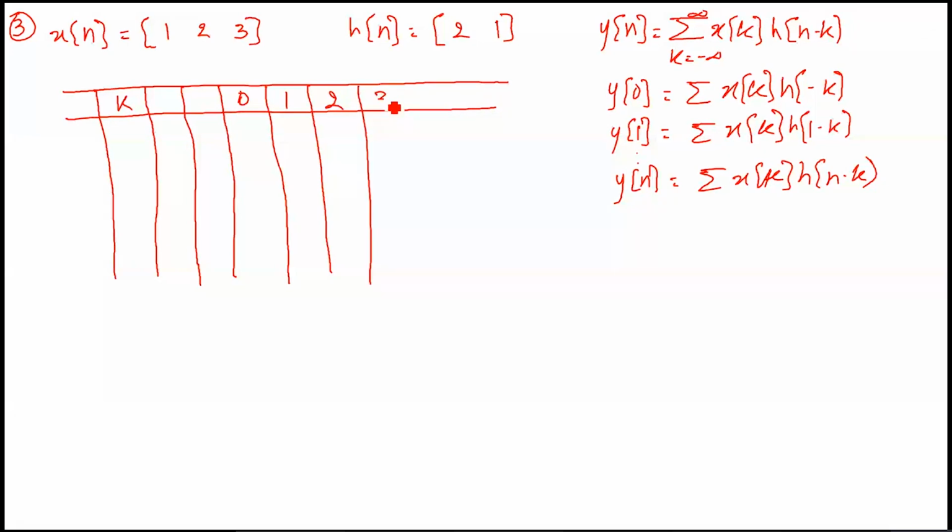And let's write x of k. So x of k, we can write here x of 0 is basically 1, x of 1 is 2 and this is 3.